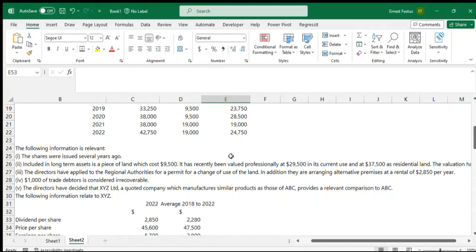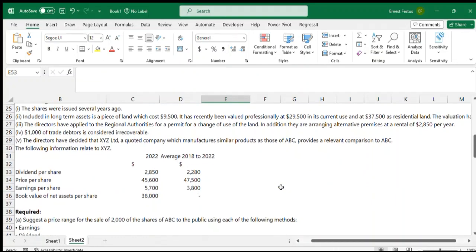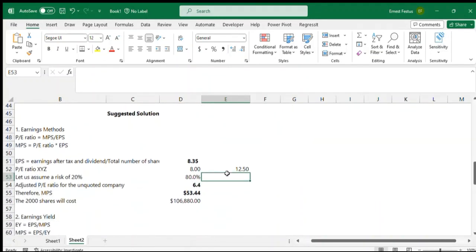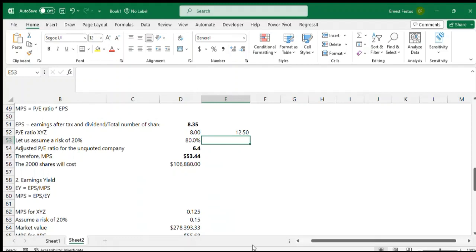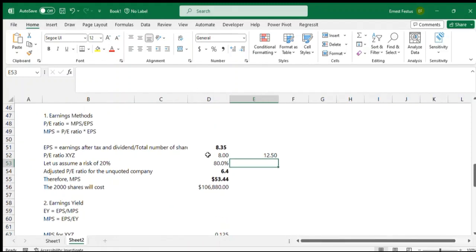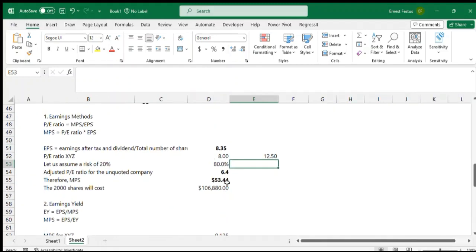We will also consider whether we are the buyer or the seller. And in this case, we are the seller, or ABC Limited is the seller. And so what we will do is that we will quote the price that is the highest. So looking at these prices, we have the EPS or the PE ratio giving us 53.44 per share.